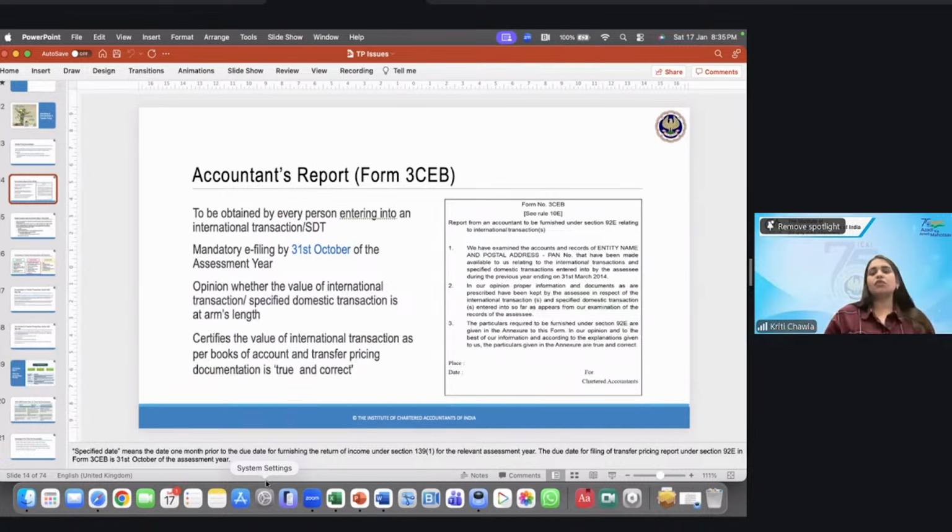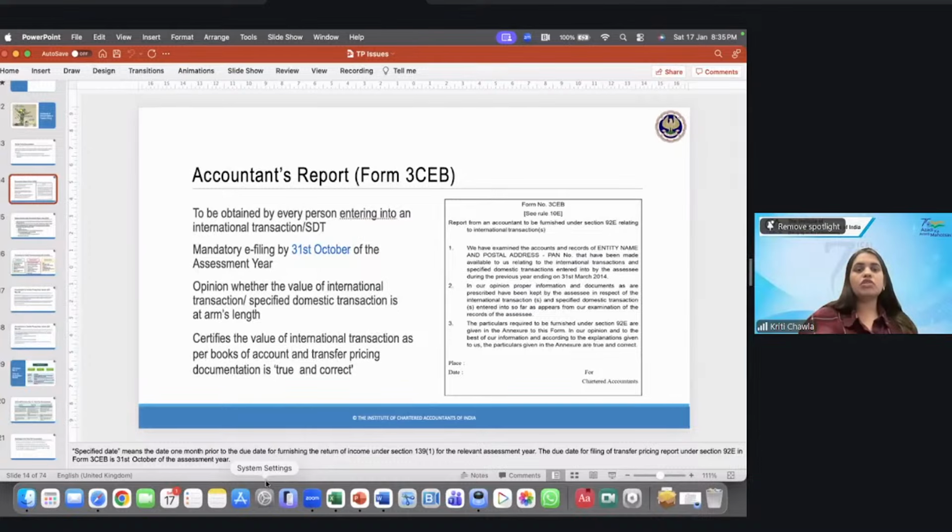And this is a form that will provide an opinion that the international transactions are at arm's length. Now, this is actually a certification which is given by a practicing chartered accountant. And this is a mandatory filing.